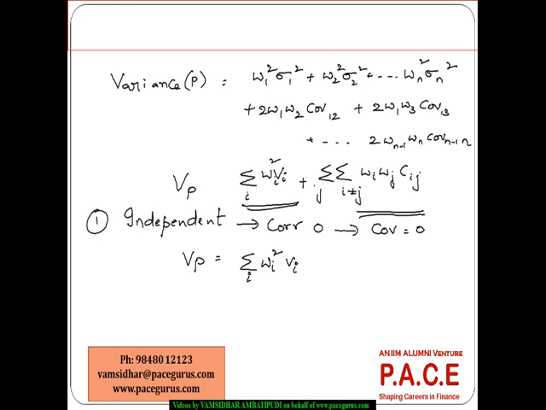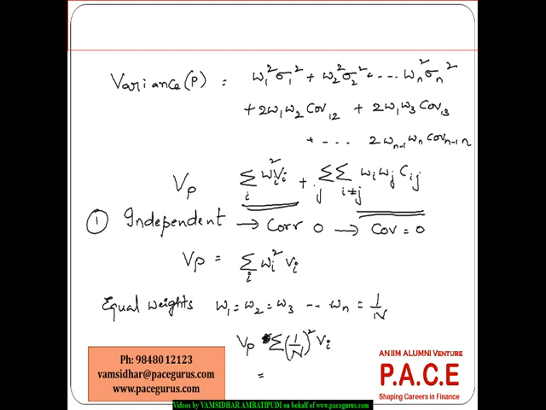Now, let me make this portfolio equal weighted. So instead of considering Wi's, I say W1 equals W2 equals W3 equals Wn, and all of them are 1 by n because it is an equal weighted portfolio. So now the variance of the portfolio becomes a summation over 1 by n squared times Vi.